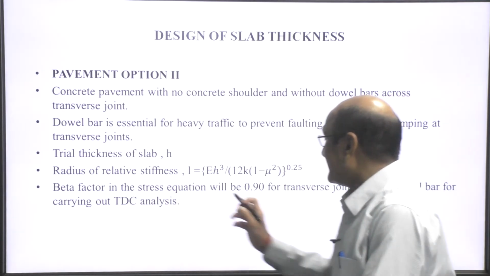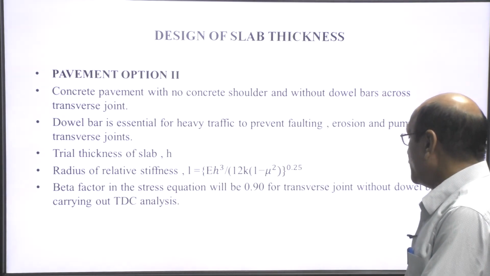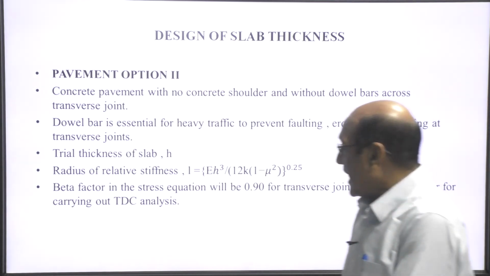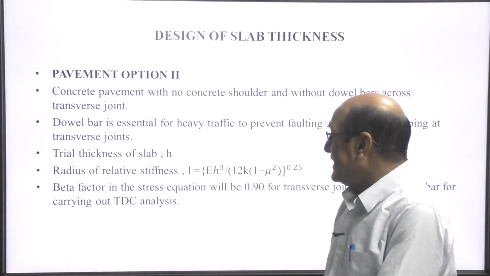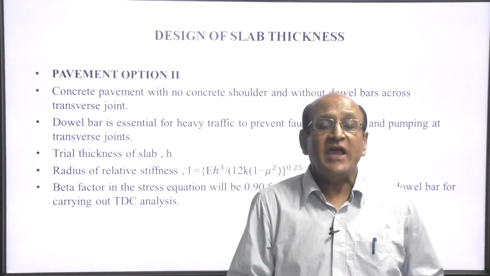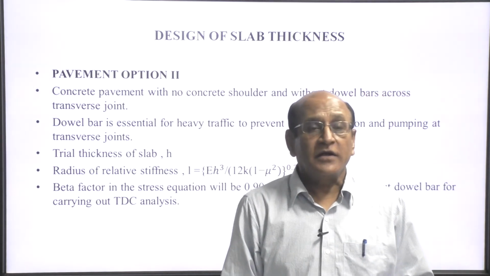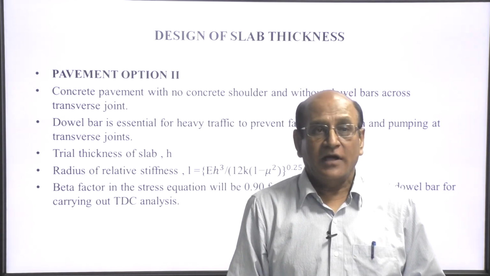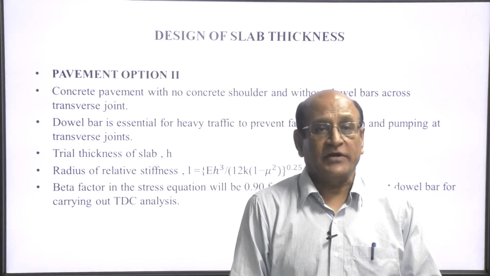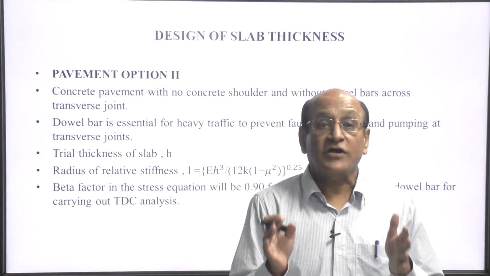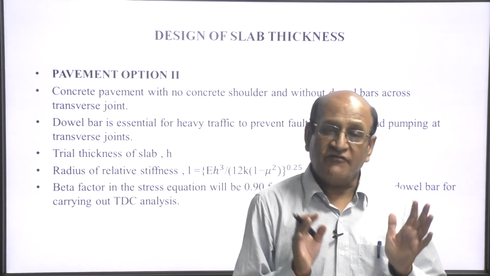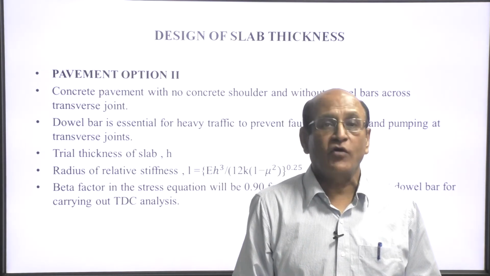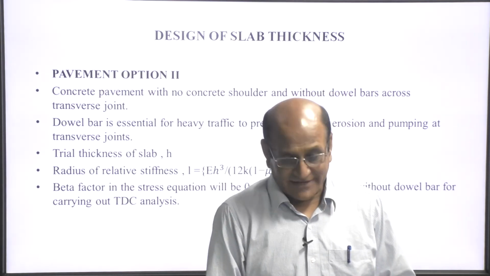Beta factor in stress equation will be 0.90 for the transverse joint without dowel bar for carrying out TDC. So, in this way we can calculate the fatigue damage with different options, and finally, that should come less than 1. If that comes less than 1, our design is okay and we will go for the further action.